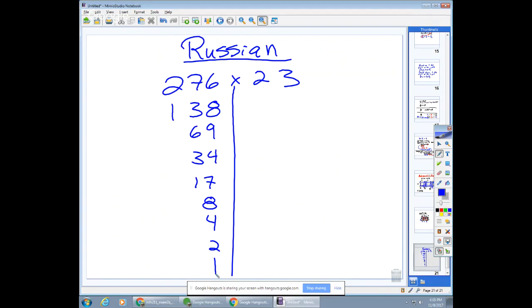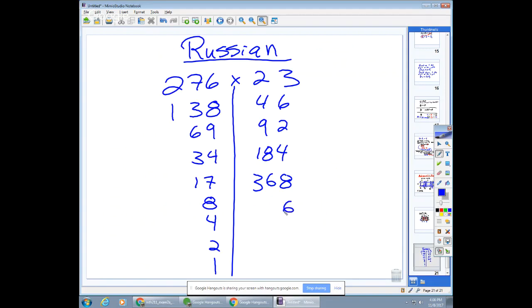So every time we cut 276 in half, we have to double 23. And we got to keep them lined up. So if I double 23, I get 46. Doubling 46 gives me what? 92. 184. 368.